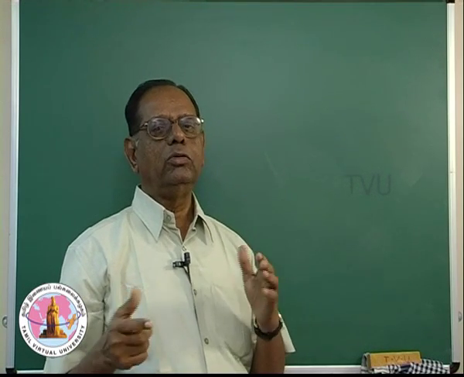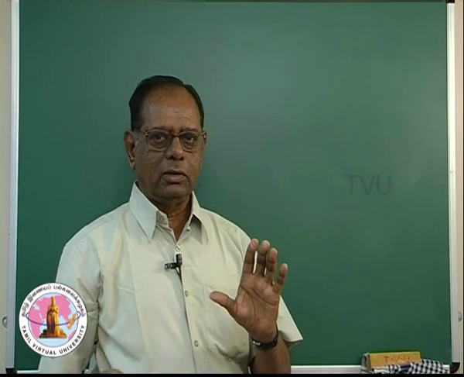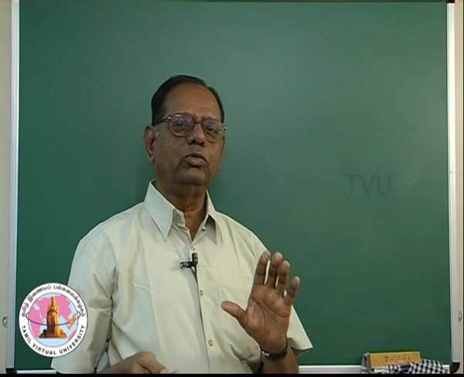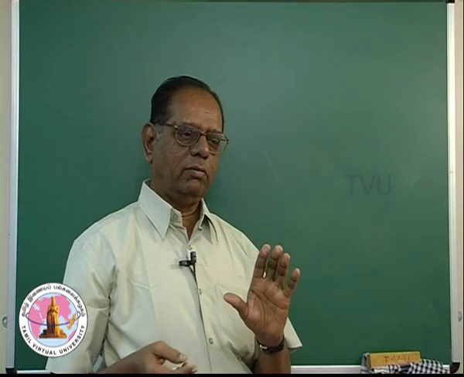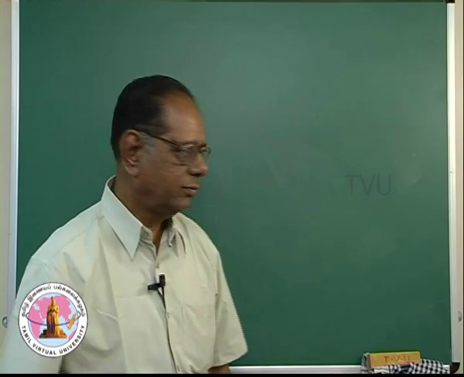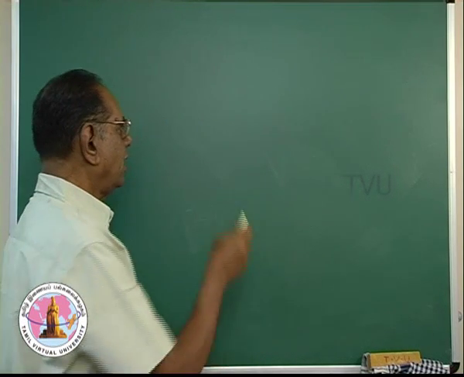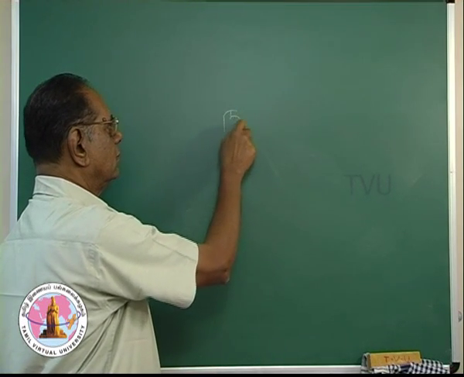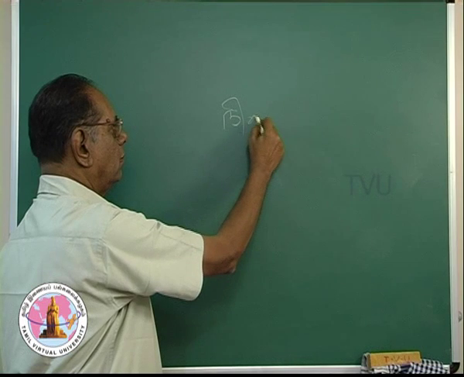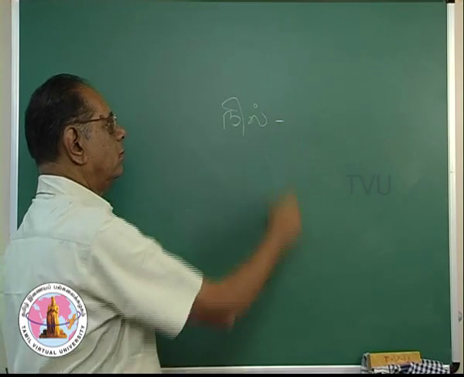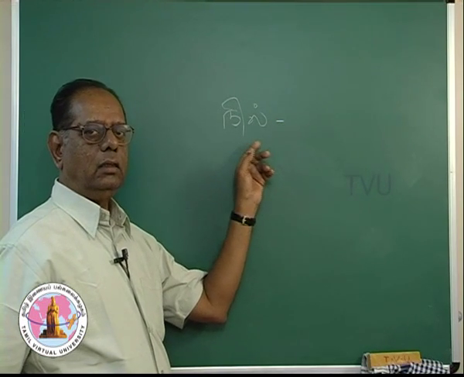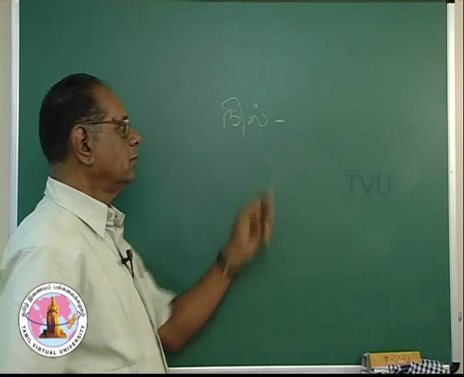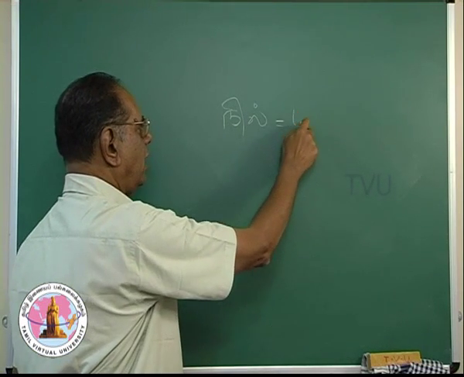Now I am going to give you one set of verbs where there is going to be a different change, a change of a different kind. Ni, il, nil. Nil means to stand.